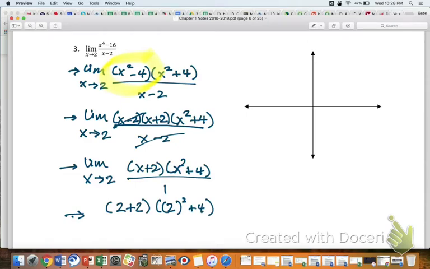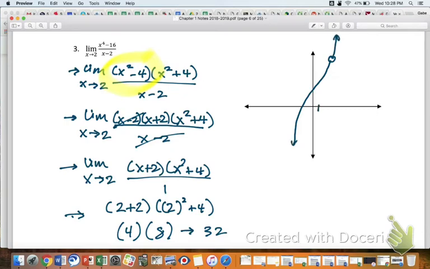So this ends up being 4 times 8, 32. So this cubic must have a hole right there.